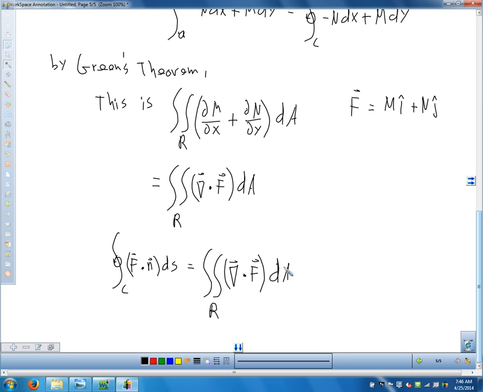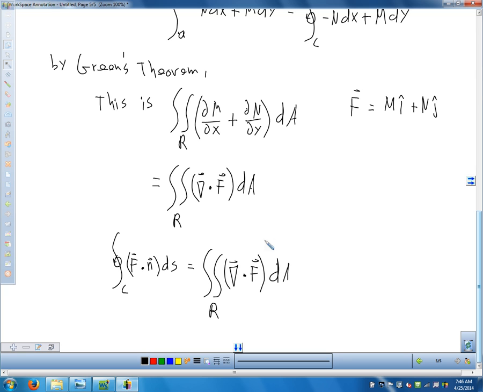So the line integral of the normal component of f around the boundary of our region is equal to the double integral of the divergence of f over our region. So the divergence of our field is telling us something about the outward component of f around the boundary of that curve.